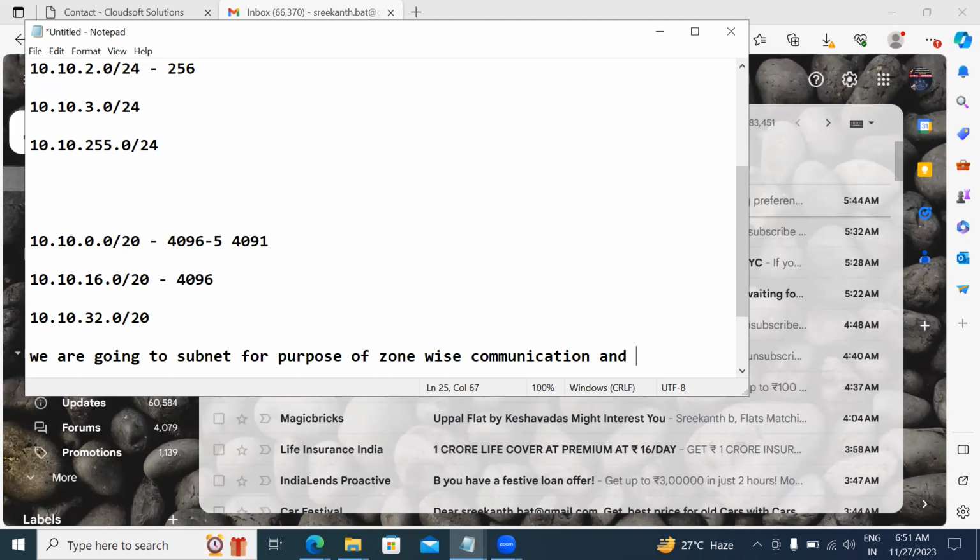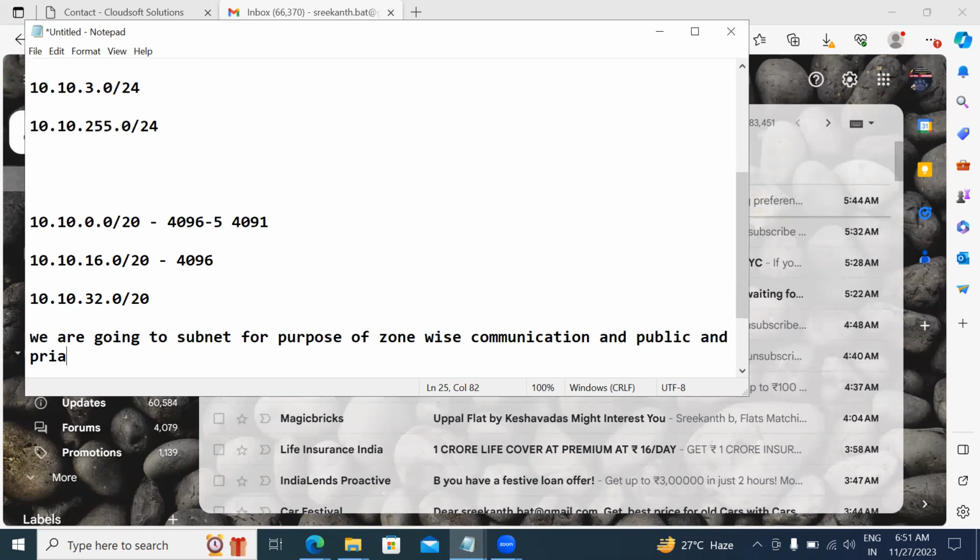Zone-wise we want different subnets, and public and private subnets we want. So in the same VPC, I want to use multiple zones, and I want to use some of the servers in public subnets and some in private subnets.